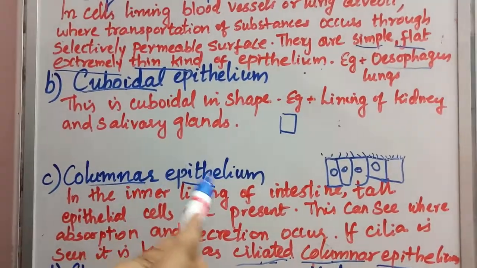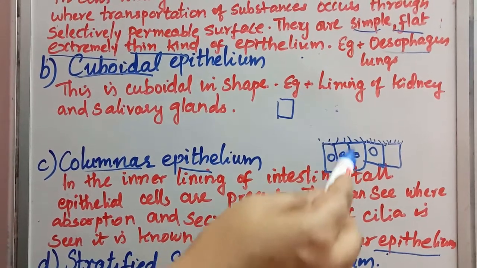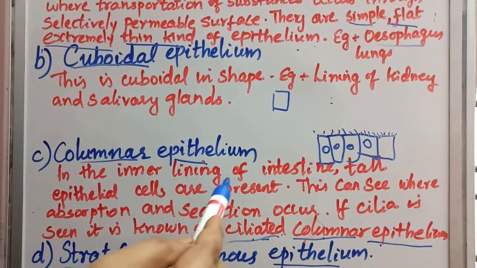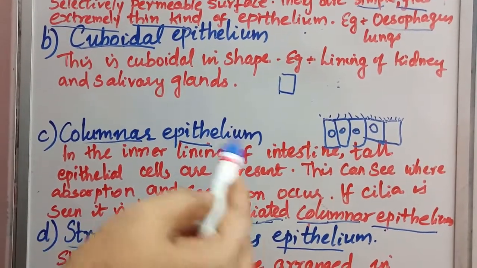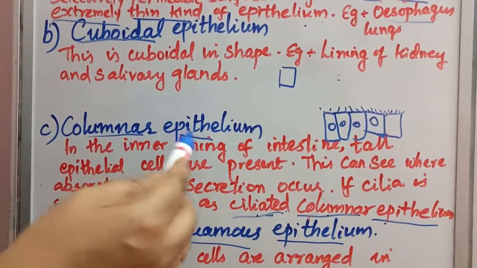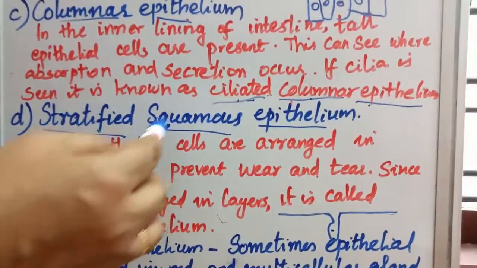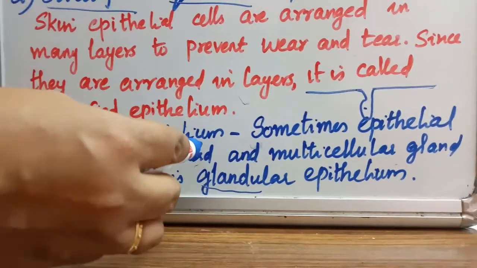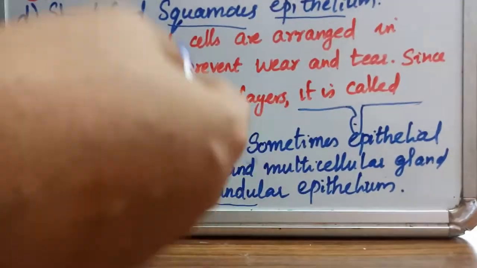Third one is columnar epithelium, tall pillar-like cells, in the lining of intestine, respiratory tract and others. Fourth one is stratified squamous epithelium, for example skin. Last one is glandular epithelium. So these are different types of epithelial tissues. I will show you one more animation video, so it will be more clear to you.